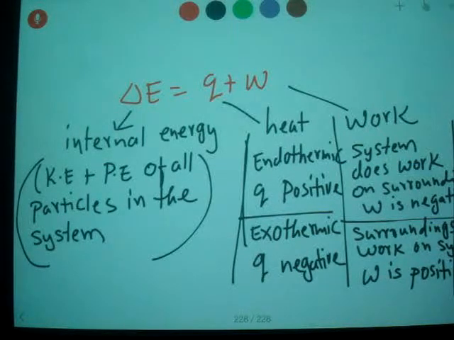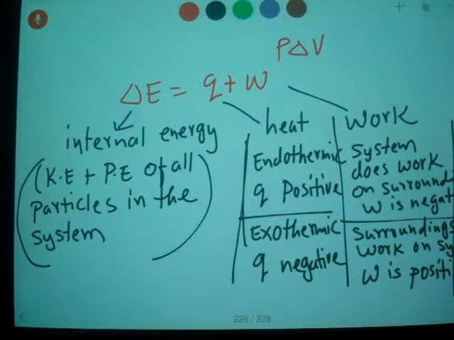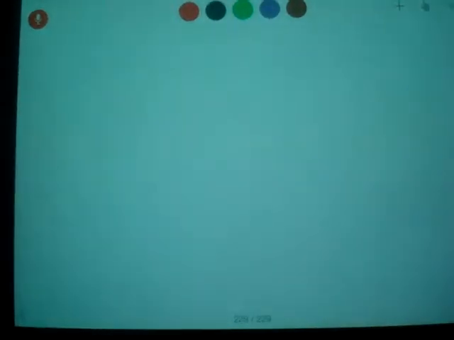Okay, so we are talking about signs. Now let's work on a problem. And remember, we also define work as minus P delta V. We are going to work on one of the problems.